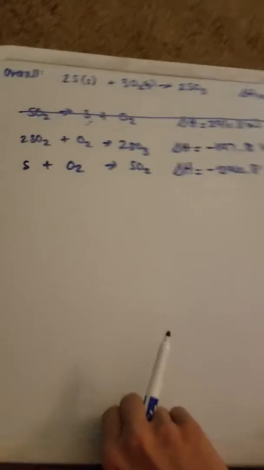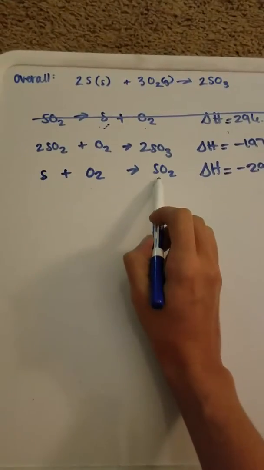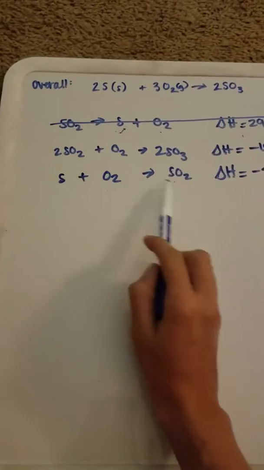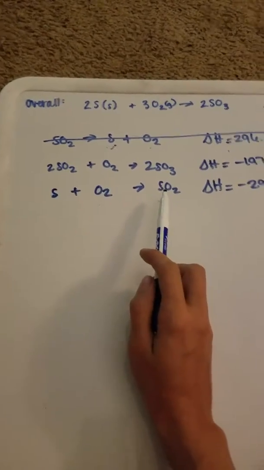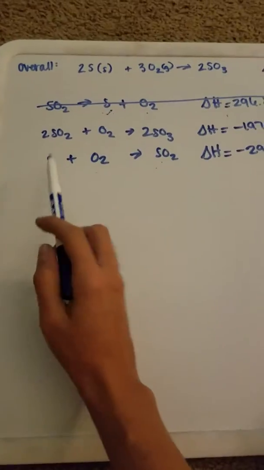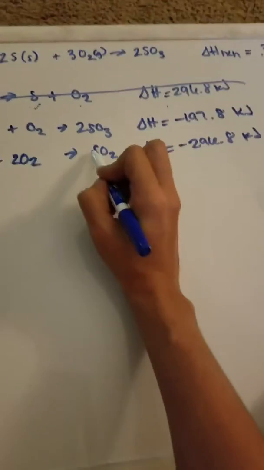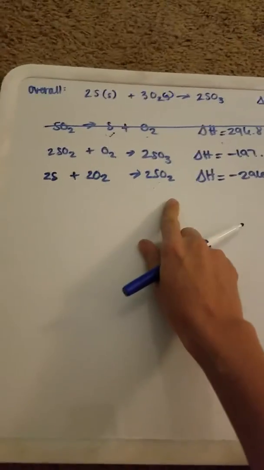Now this is where your multiplying comes into play, because I have an SO2 on this side and an SO2 on this side, but I don't have the equal amounts. So what I'm going to have to do is multiply this entire equation by 2. So that'll give me a 2 there, a 2 there, and a 2 there. Now we're set up to cancel out our SO2s.